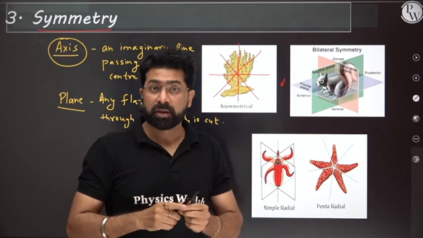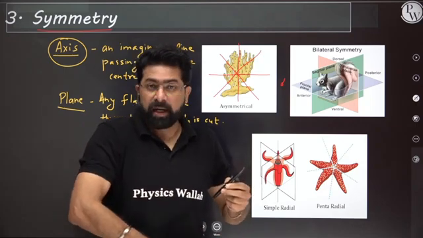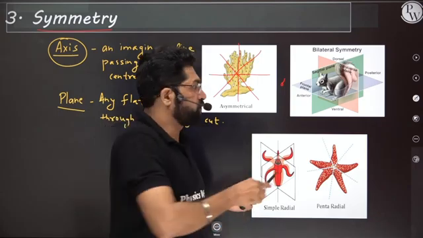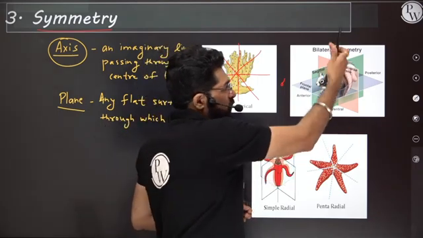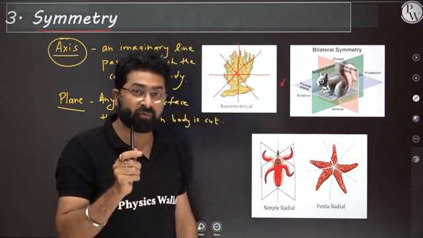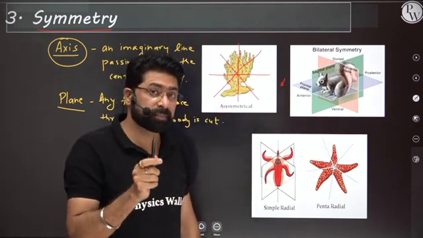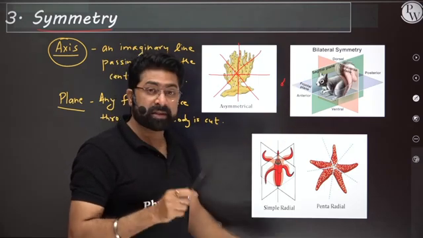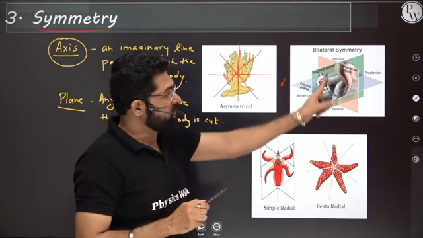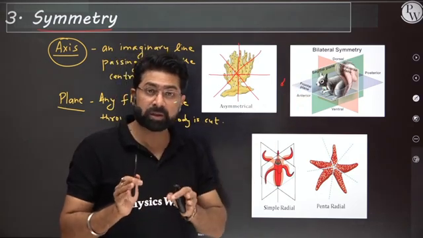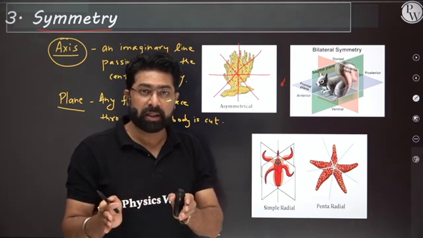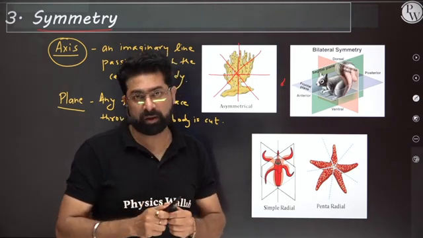But if you cut it from this end, like the transverse plane, will you get two equal halves? No. So that means only one plane was possible to cut this organism into two equal halves. That is the sagittal plane. When only one plane is possible to cut an organism into two equal halves, that is left and right, it is called bilateral symmetry.